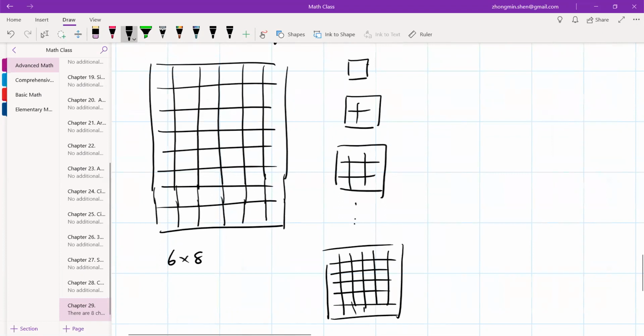The largest square you can get from the picture is 6 by 6. So you just need to count. My hint is to count the number of squares of the same size.